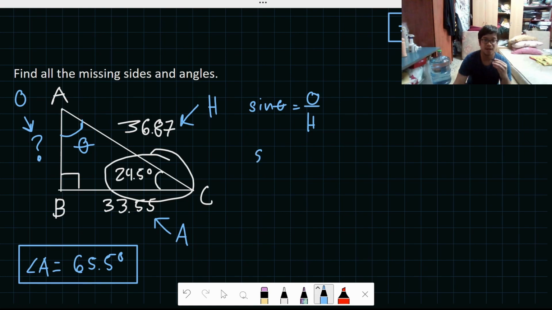All right. So for sine theta, we have opposite and hypotenuse. So because of that, I can clearly substitute my theta as sine C is equal to your opposite, which is the one we're looking for, all over your hypotenuse, which is 36.87. All right.